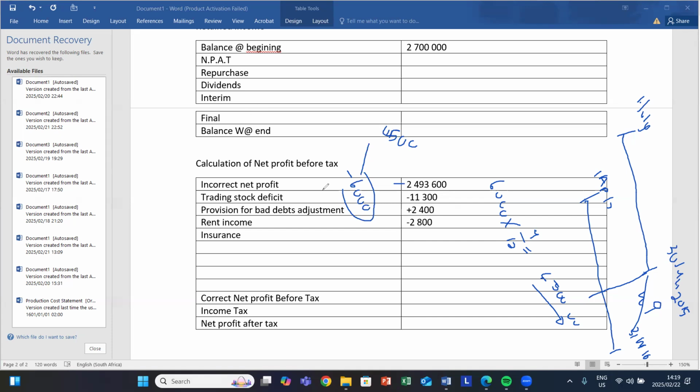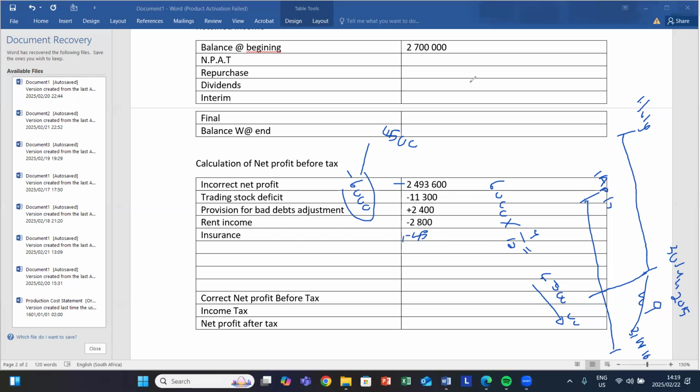When you say 6,000 minus 4,500, you get 1,500. So already 6,000 has been minus, meaning already an error has been made. So you are going to rectify it. When you record it, it won't be the same as when you do a normal income statement. Here you will say plus 4,500.